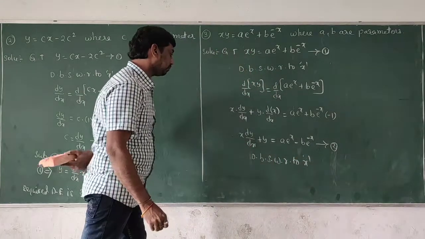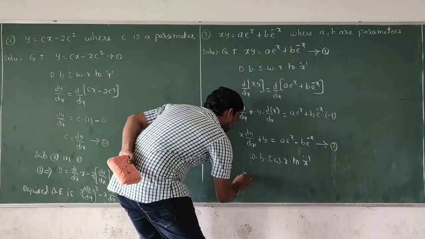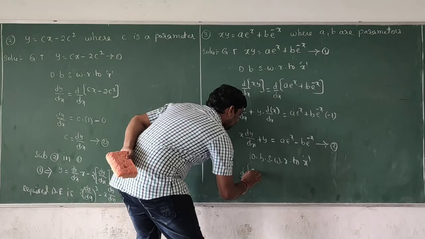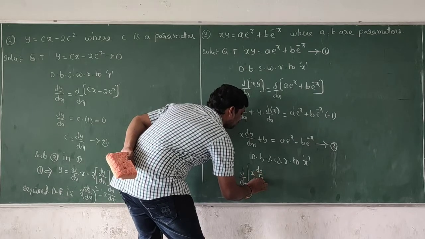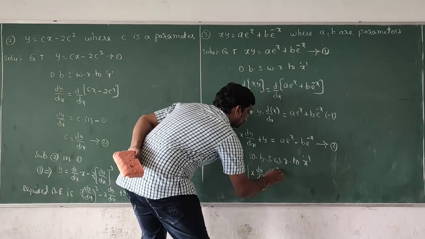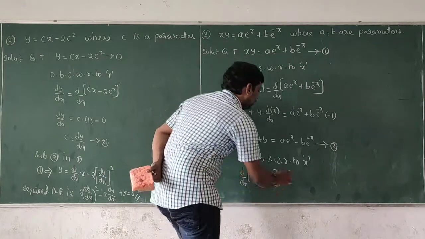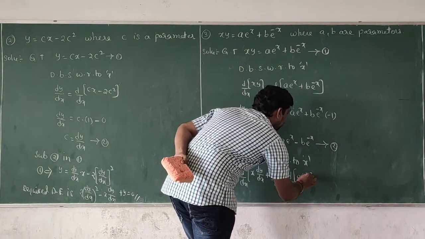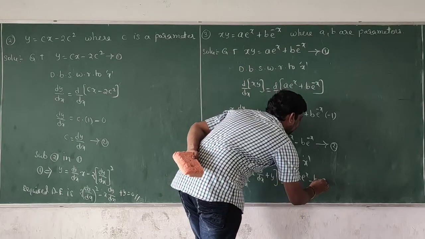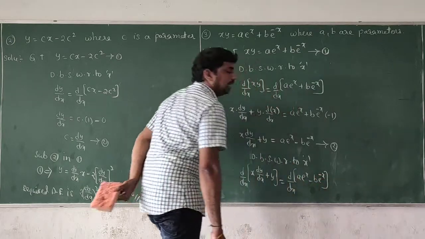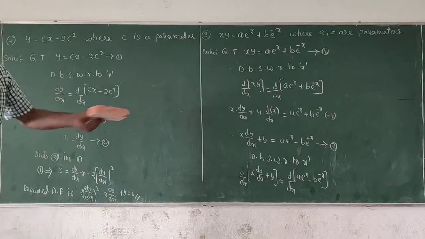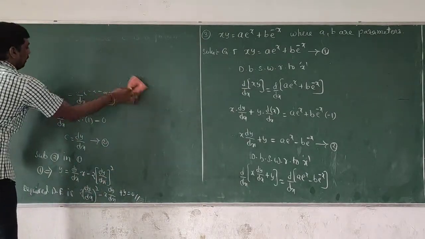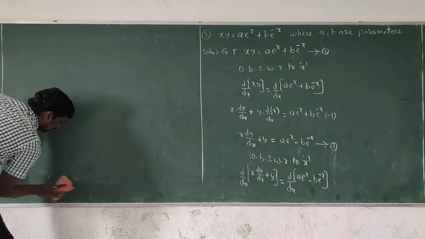Again, derivative of x into dy by dx plus y equal to derivative of a into e power x minus b into e power minus x. So this one is completed now. Right. Next continuation.